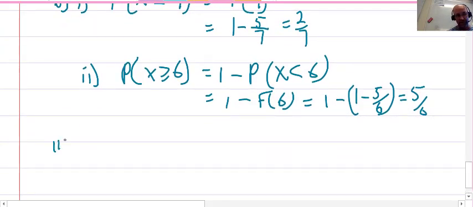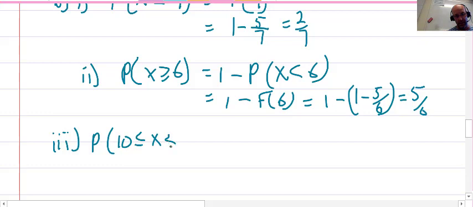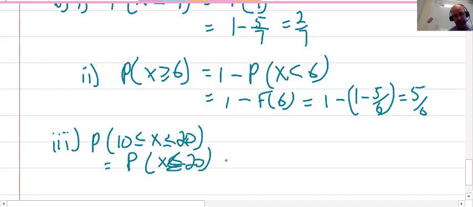Last part, we have the probability of x between 10 and 20, and explain the reasoning above there. And we have the probability that x is less than or equal to 20, minus the probability x is less than, well, just less than 10 actually.